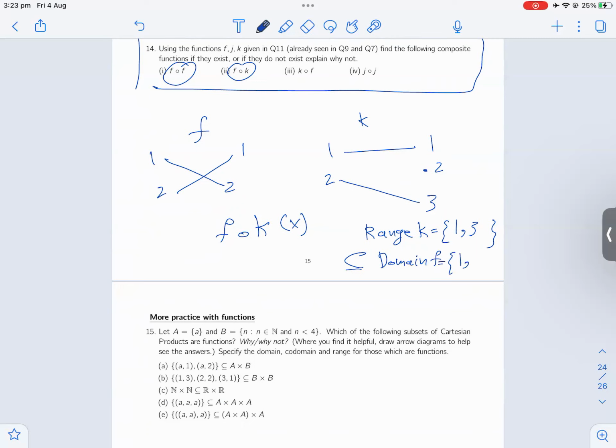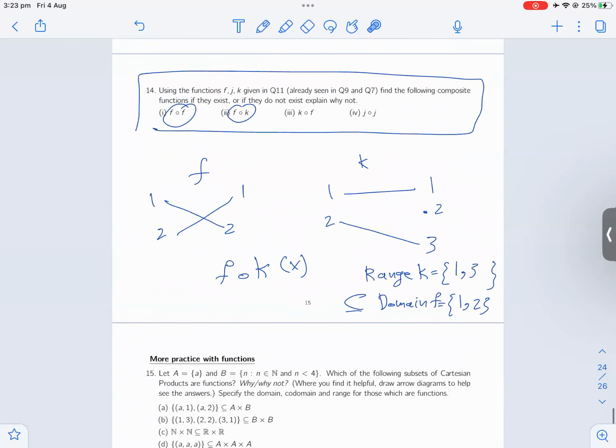What are the inputs of f? Yeah, 1, 2. Is this a subset of this one? No, so I am unable to define f o k. Okay, so it won't work.